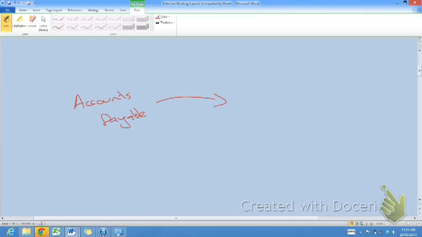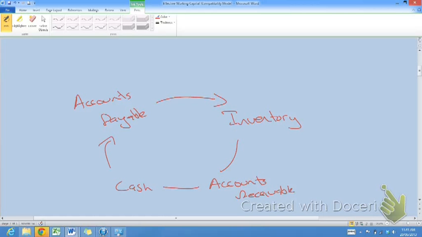Okay, that comes in and becomes our inventory, which people then buy off us, and that becomes our accounts receivable. Remembering that everyone in the business world operates on credit. Once that accounts receivable is paid, it becomes cash, and we use that cash to pay our accounts payable.